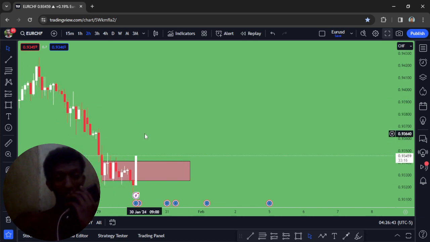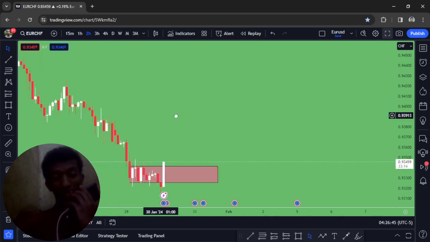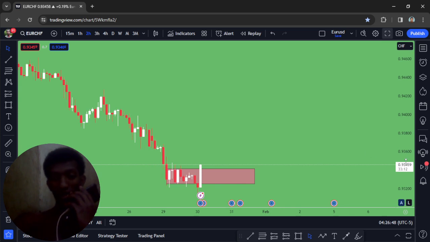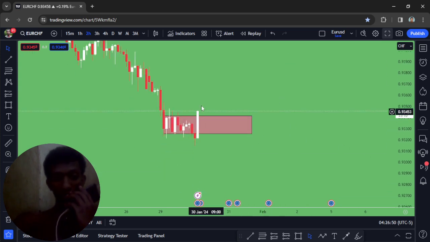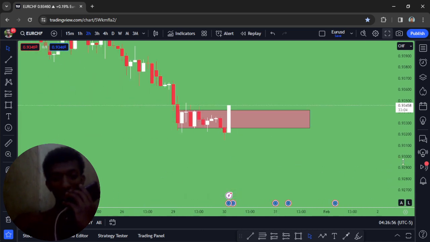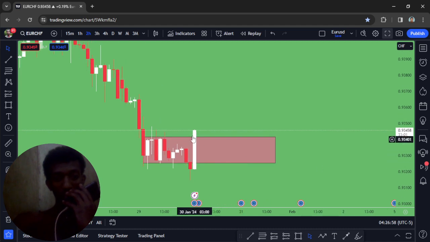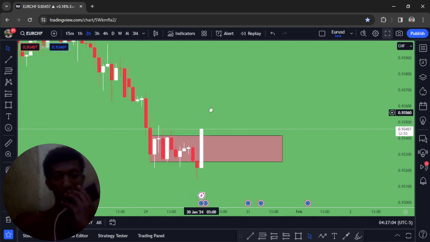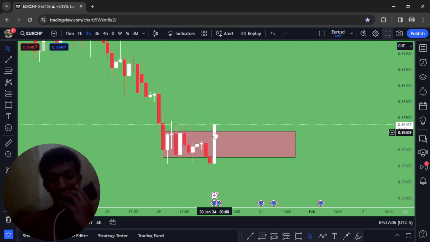So all I want is, I will not enter now. I will enter once the market makes a wick down here after the support has been formed, because I was a little late. I should have entered when exactly that broke, but I was talking to you, so I missed it, right?